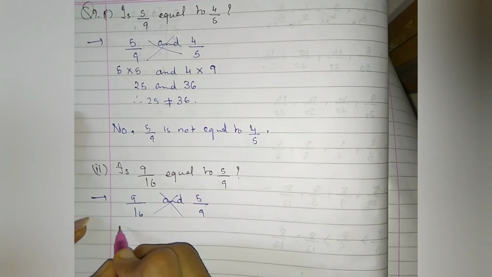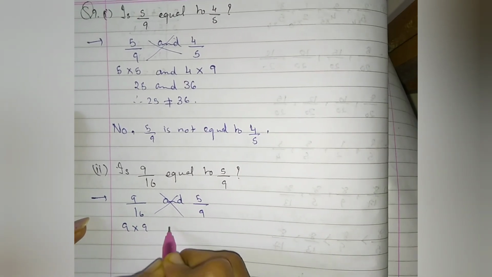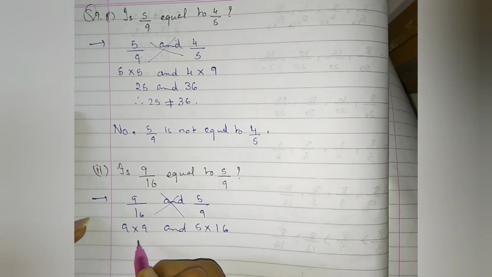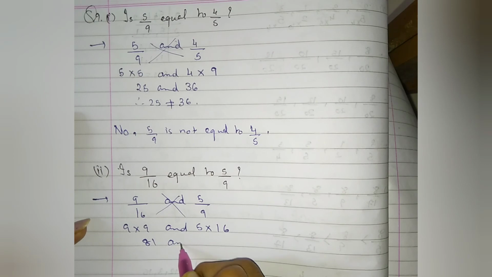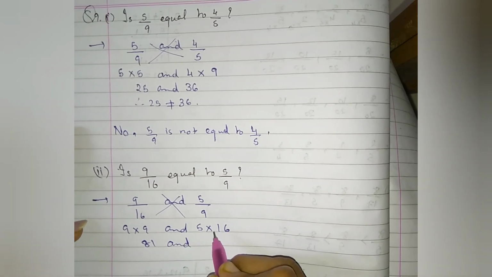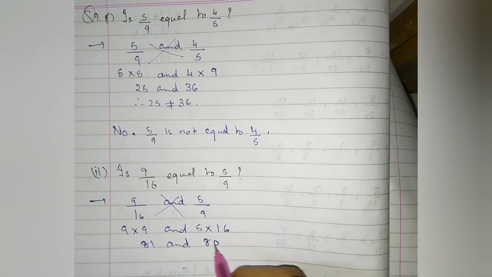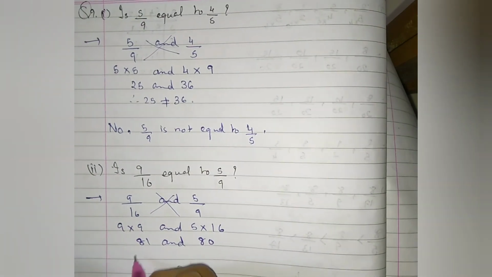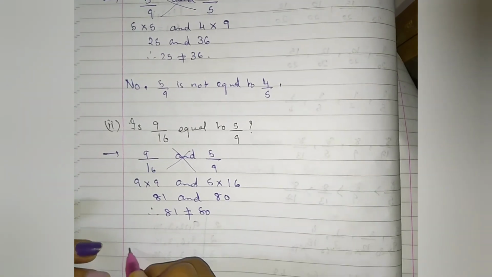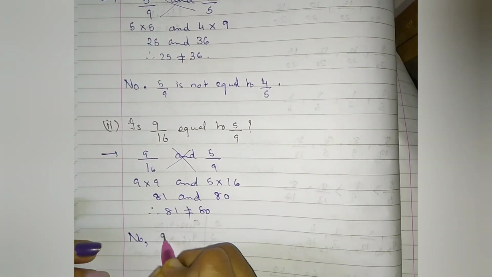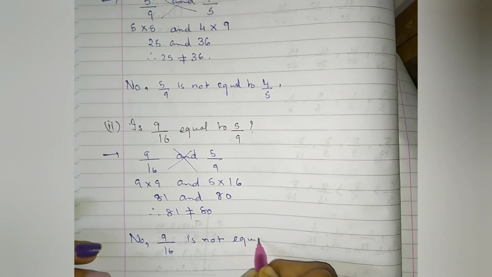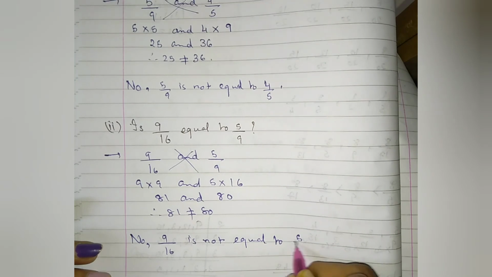Cross multiplication, so 9 into 9 and 5 into 16. 9 into 9 is 81 and 5 into 16 is 80. Therefore 81 is not equal to 80. So what will we write? No, 9 by 16 is not equal to 5 by 9.